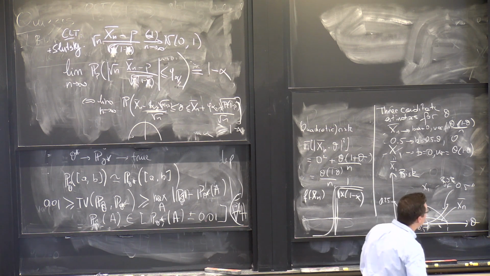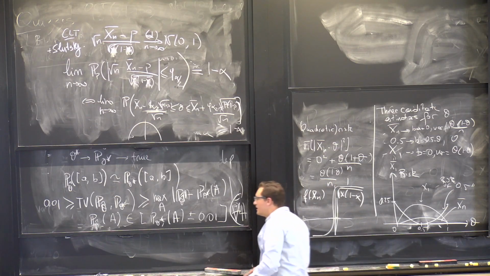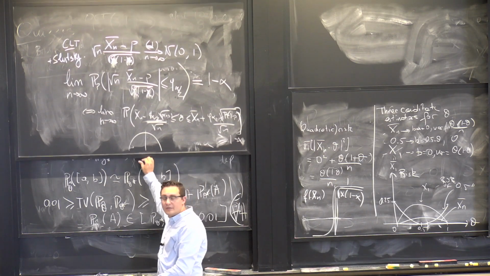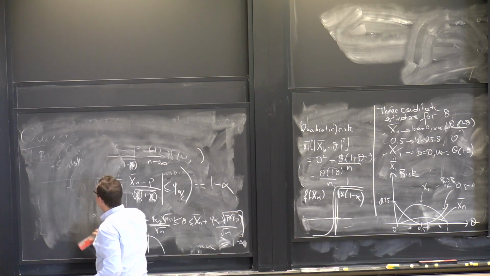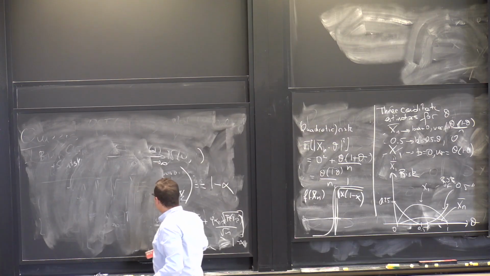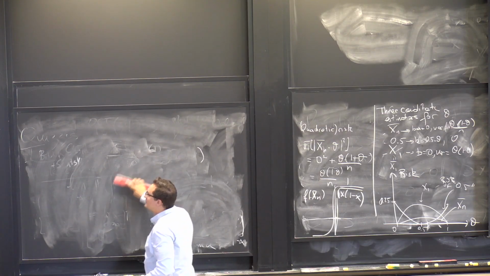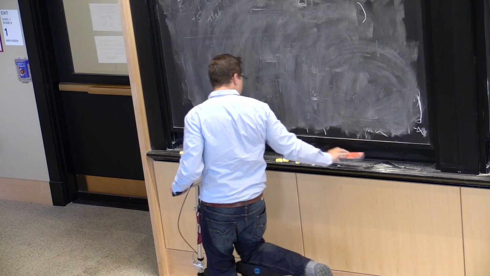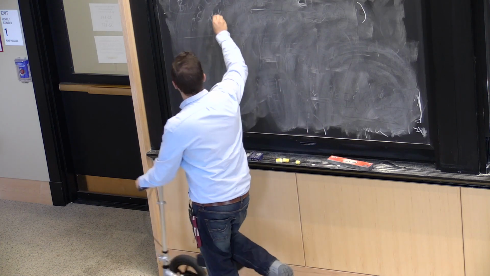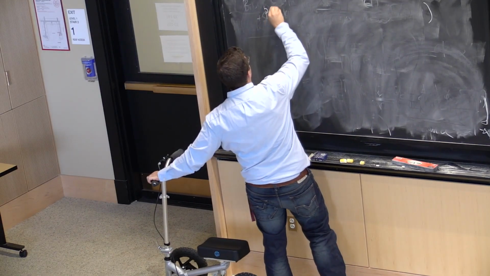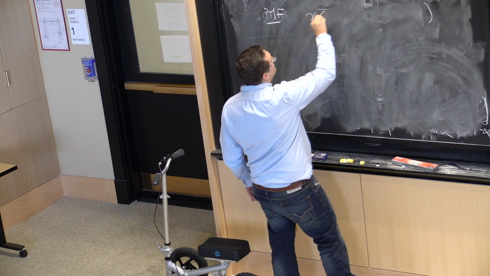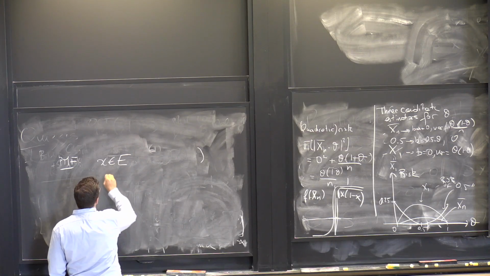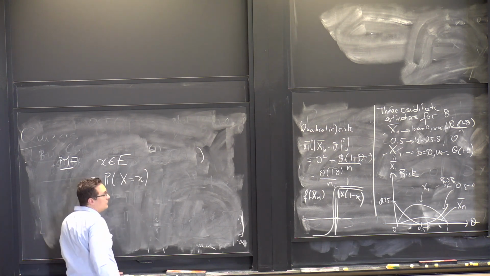OK? So let's start with the probability mass function, right? Everybody remembers what the probability mass function of a discrete random variable is. This is the function that tells me for each possible value that it can take, the probability that it takes this value. All right, so the probability mass function, PMF, is just the function that for all x in the sample space tells me the probability that my random variable is equal to this little value.